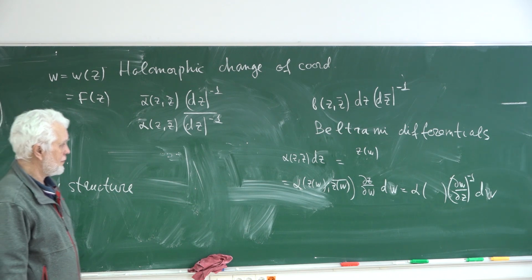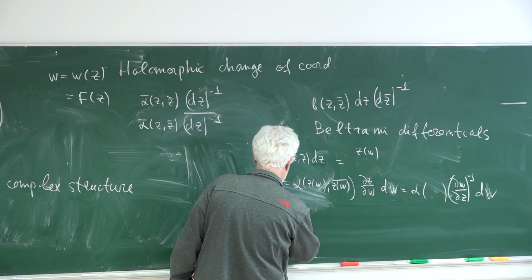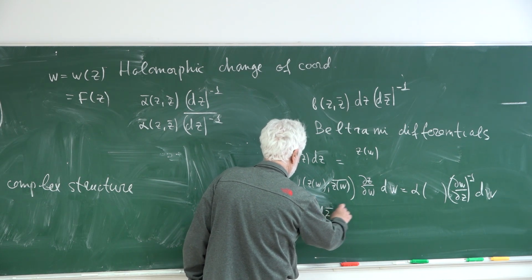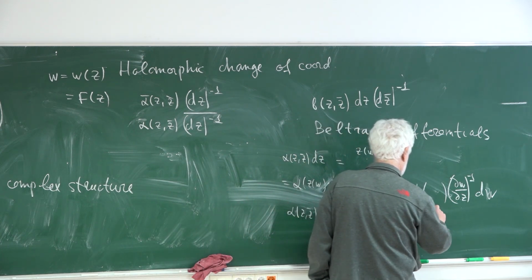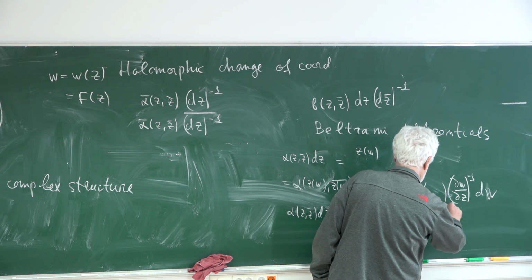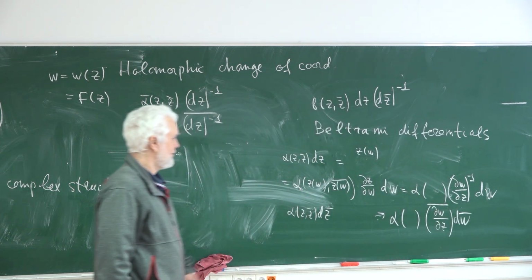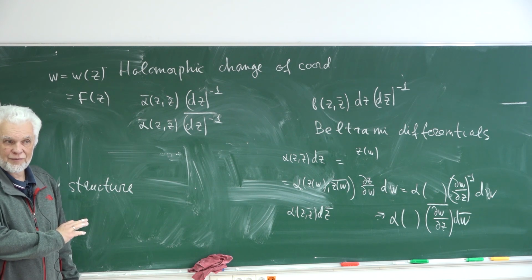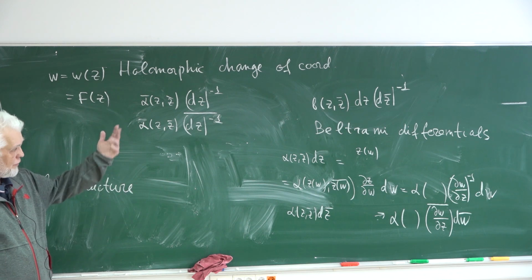For vector fields, if you have the form alpha of z, z bar, dz bar, you go to alpha. I agree. Is it clear? Minus 1.